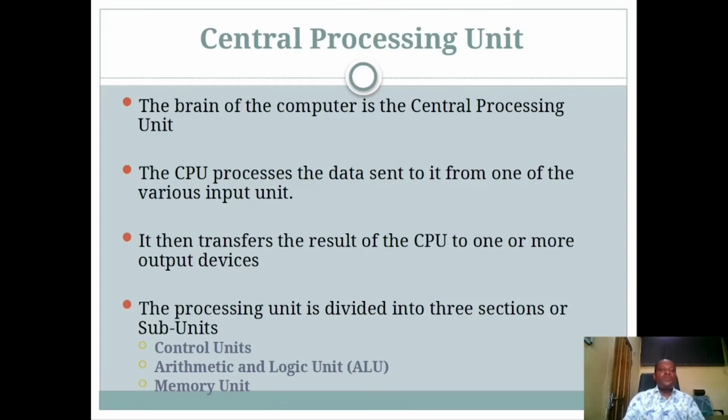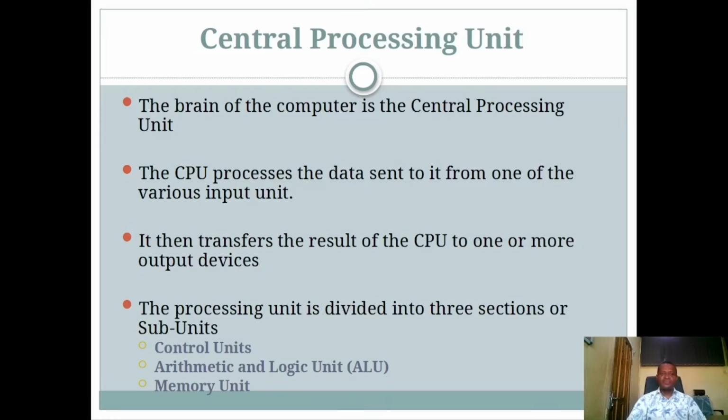So the CPU basically has a function of processing data sent to it from one of the various input units. That is the core function of the CPU, processing of data, and let me put, execution of instructions. So the CPU processes data sent to it, and it also takes charge of executing computer instructions.